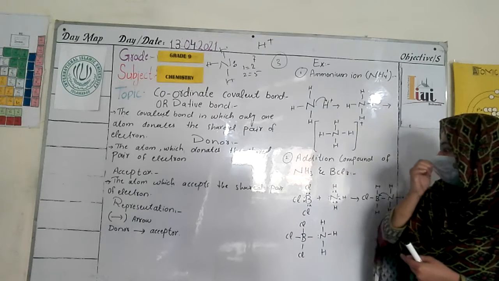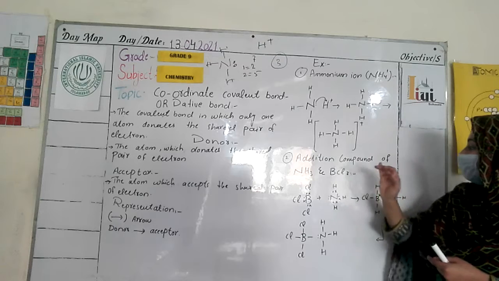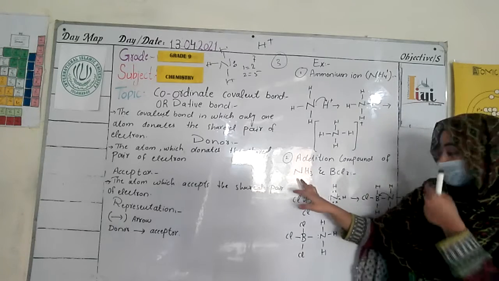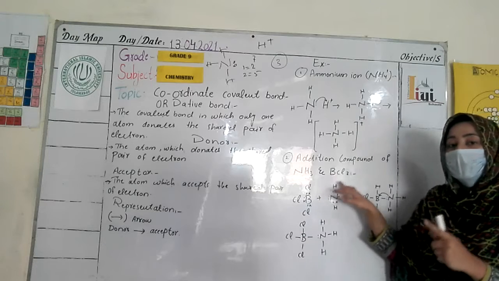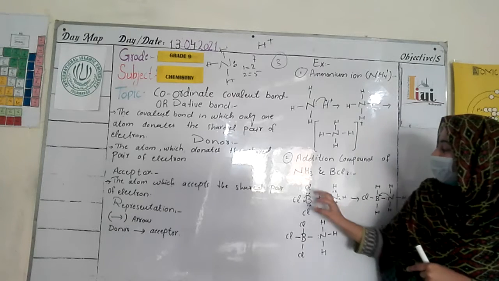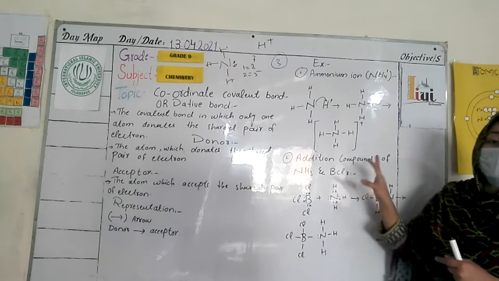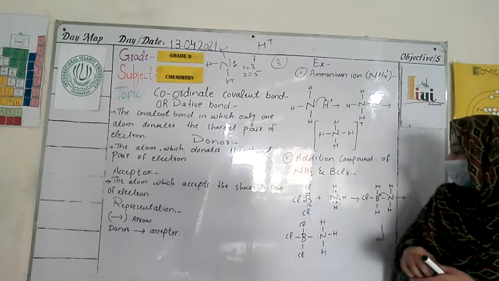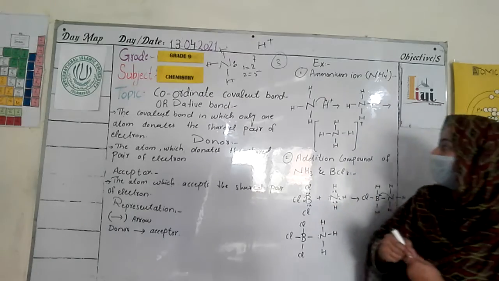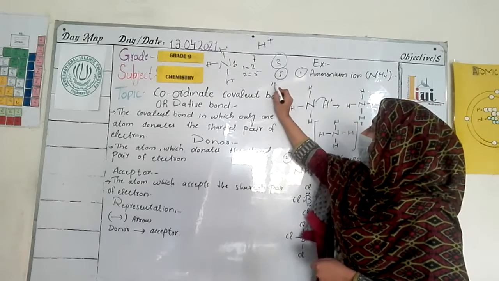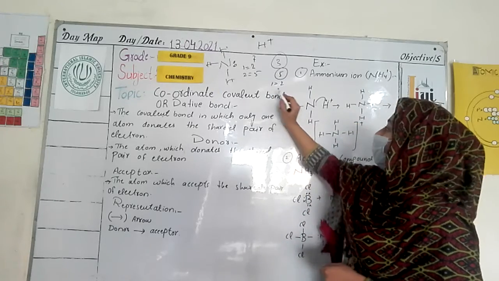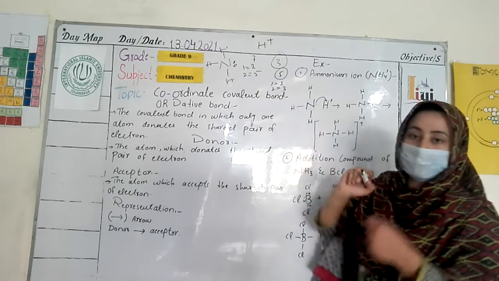Now we move toward the second example, which is the addition compound of ammonia and boron trichloride. What will happen in the bonding formation between ammonia and boron trichloride? Boron has 5 electrons: in the first shell it has 2 electrons, and in the second shell it has 3 electrons.